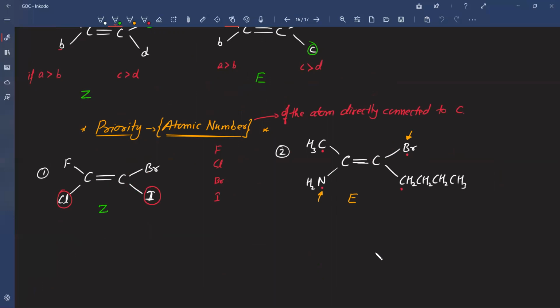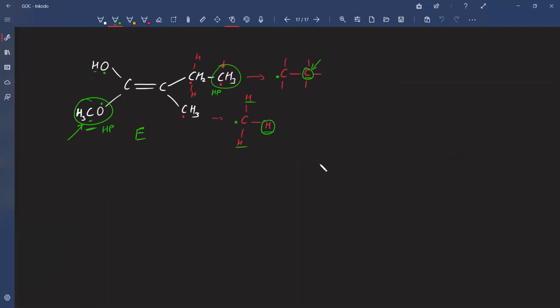If they are same, then you move to the next, as we have seen in this example. We move to the next atom to break the tie. On the left hand side you had oxygen and oxygen, both same, and on the right hand side you have carbon and carbon, same. So the decision will be taken by the next carbon atom. And if there is no difference, then there won't be any geometrical isomerism.